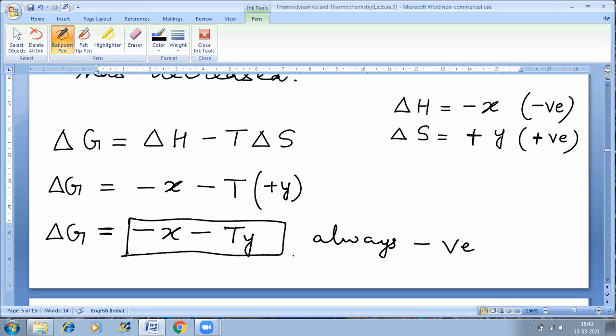Which means that whatever T I keep, whether it's a low value of T or a high value of T, this entire thing, minus X minus Ty, is always going to remain negative. So delta G is negative at all temperatures. If delta G is negative at all temperatures, that means the process is spontaneous at all temperatures.